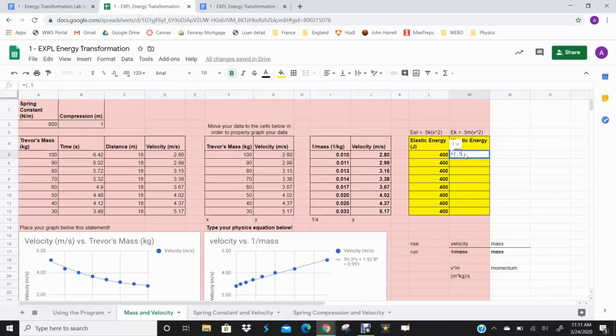So we're going to do 0.5 times, we're going to click on the mass, times, and then in parentheses, we need to do the velocity squared. So we'll click on the velocity, we will square that value, and then double parenthesis ending there, hit enter. 393 is not bad. Let's drag it down and see what the others are. 402, 396. Okay, so these are pretty good. Yeah, right around 400.